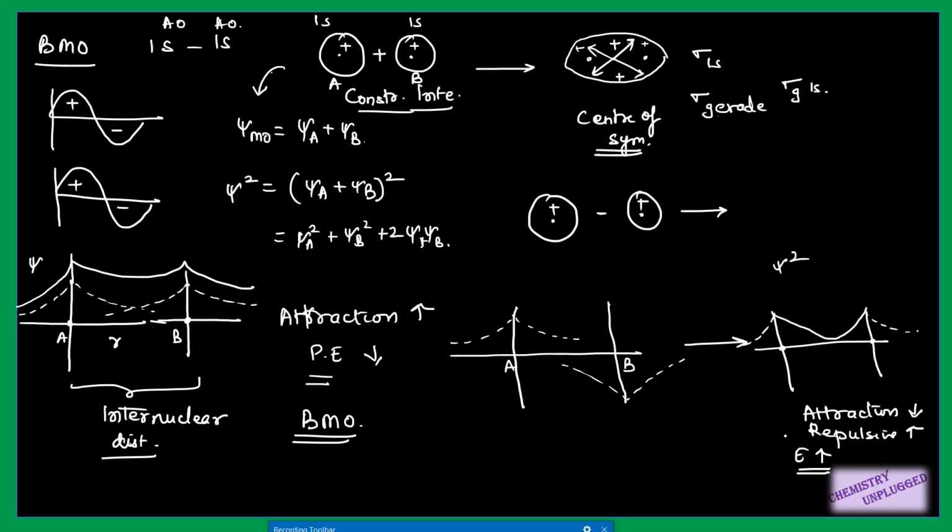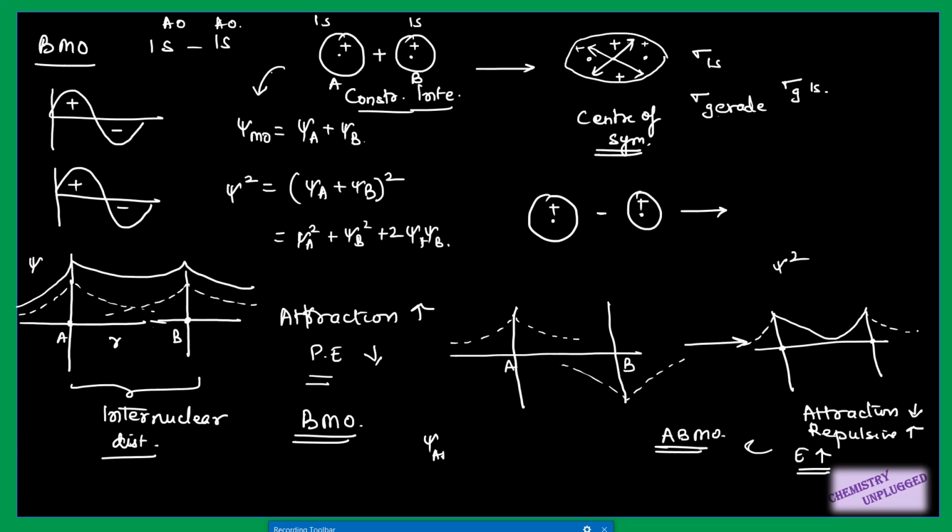When the energy of the system increases, it becomes less stable in nature and forms anti-bonding molecular orbitals, right? So you can write down this anti-bonding molecular wave function.